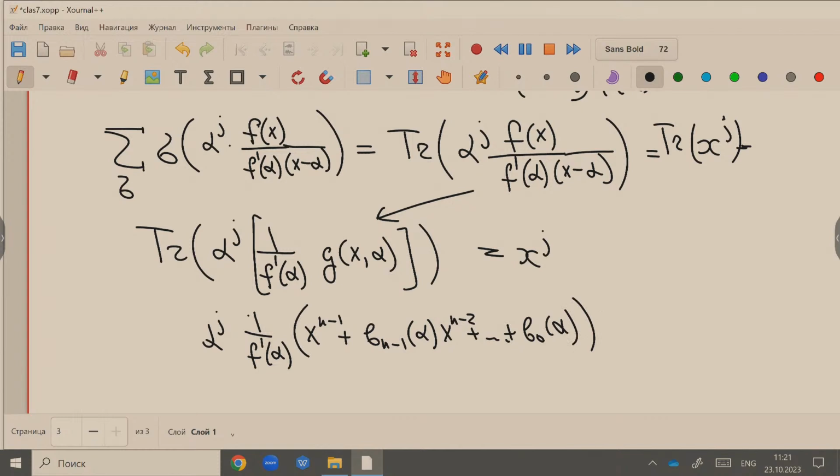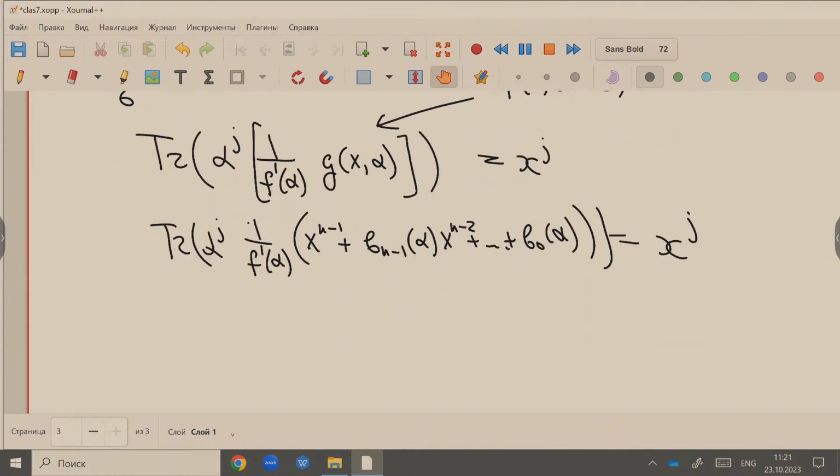And it is equal to the trace, which is just x^j. So if you take the trace of it, you have to take it coefficient-wise. Comparing this side and this side, the coefficients of this polynomial are just traces of alpha j times 1 over f prime of alpha times beta k of alpha.